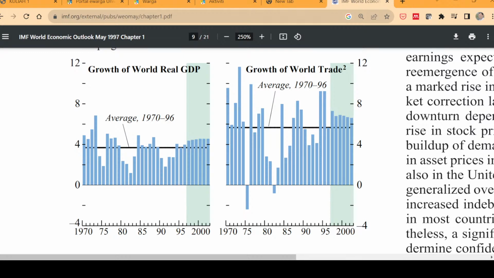Golden years of world economic growth, which is because of rapid growth in international trade.